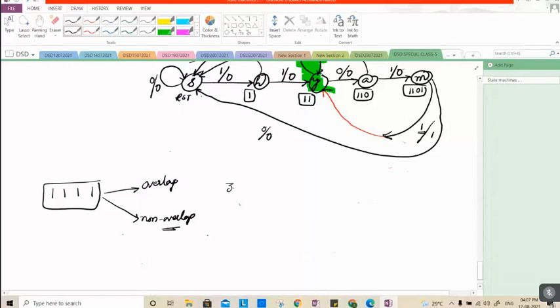I'll give you 3 minutes, up to 4:11 p.m. Please draw the state diagram for detection of the 1 1 1 1 sequence, first with the overlap condition and then with the non-overlap condition. 4 1s.